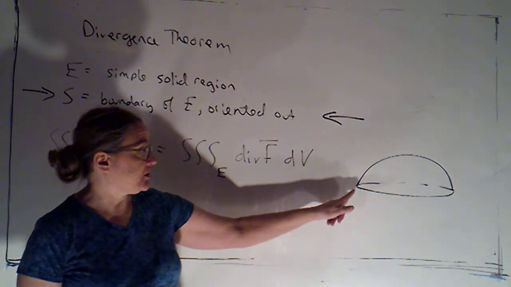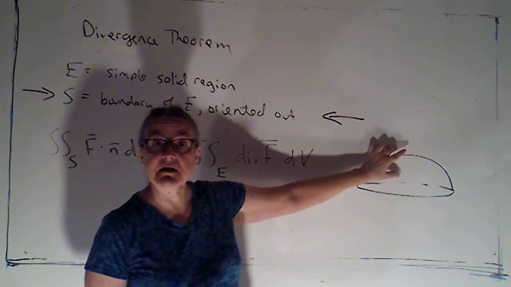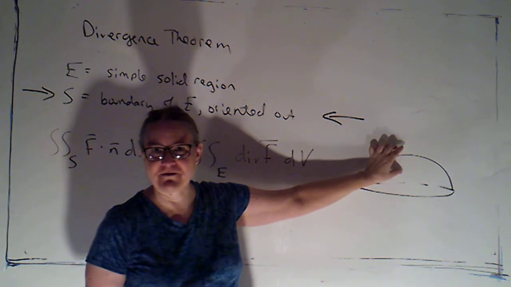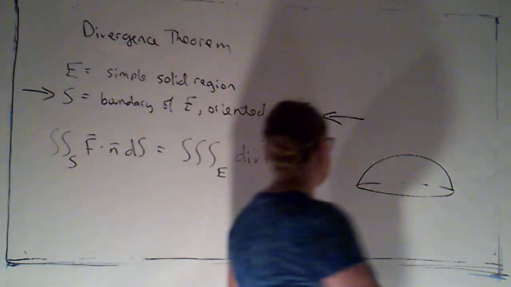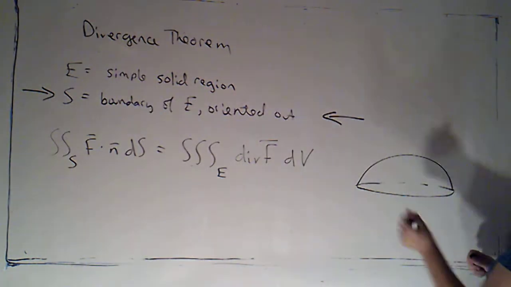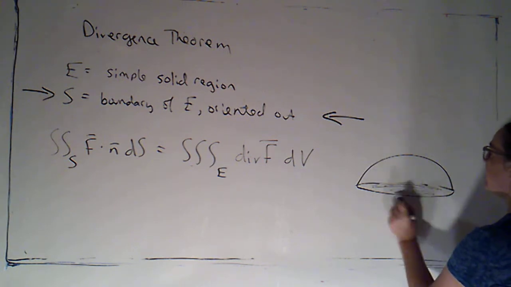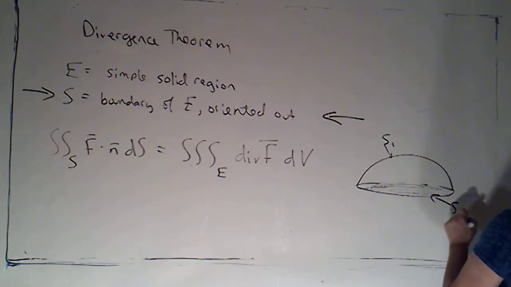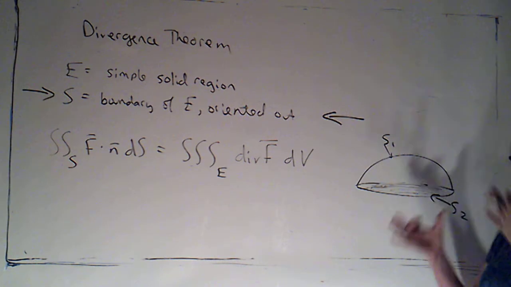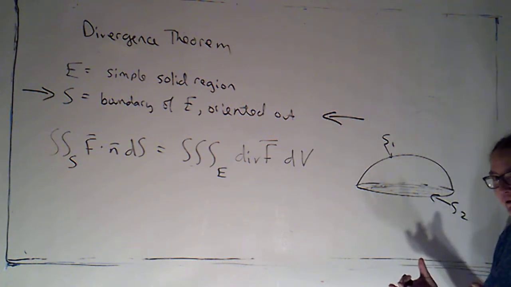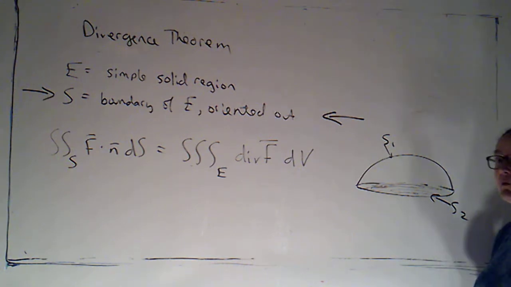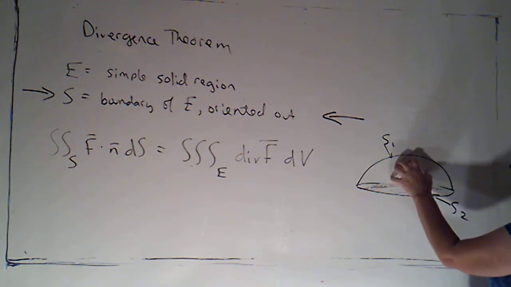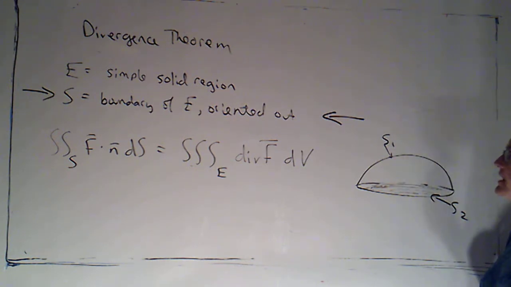Now, if I were evaluating the flux across this, which is not the boundary of a finite solid, I could say that if I included this disk on the bottom, so if I said this was S1 and this disk on the bottom is S2, and S1 plus S2 together are the piecewise smooth boundary of the solid half sphere that would be enclosed between them, the divergence theorem would apply over that.